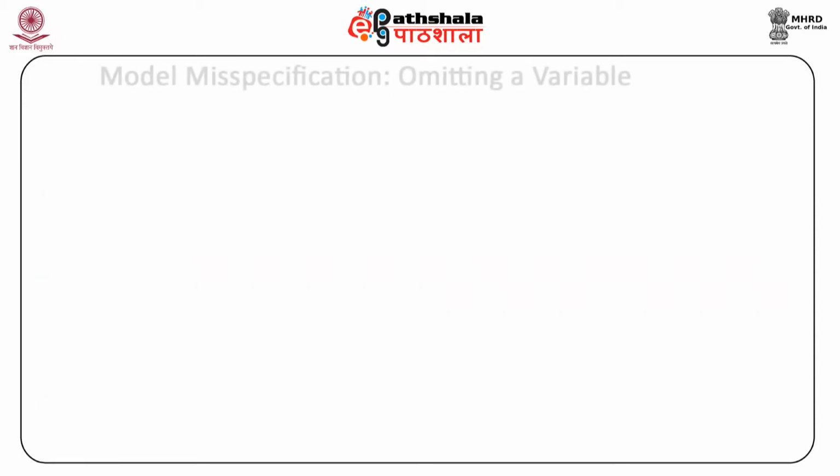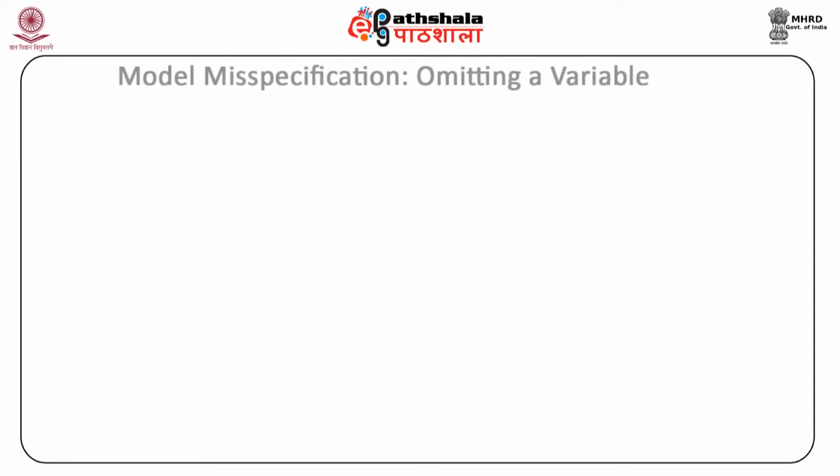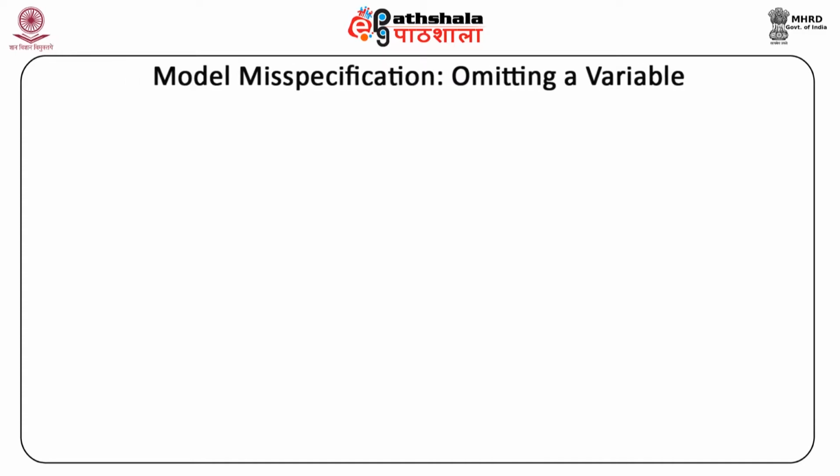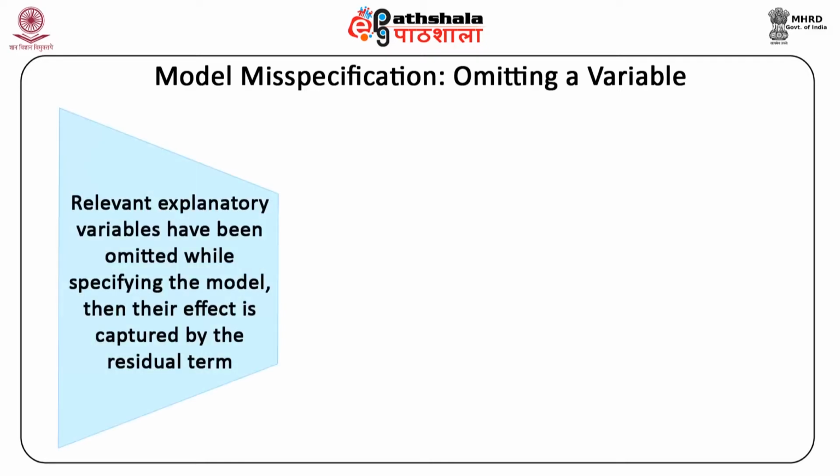There are several factors causing autocorrelation, starting first with model specification, which basically means omitting a variable. This may happen when some relevant explanatory variables have been omitted while specifying the model. Then their effect is captured by the residual term.